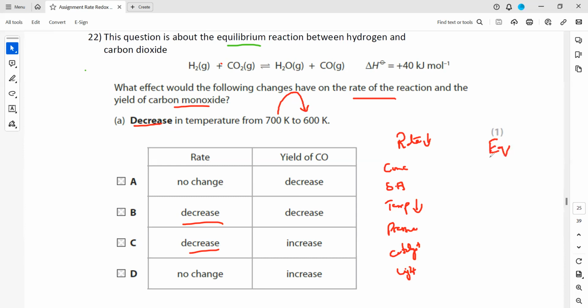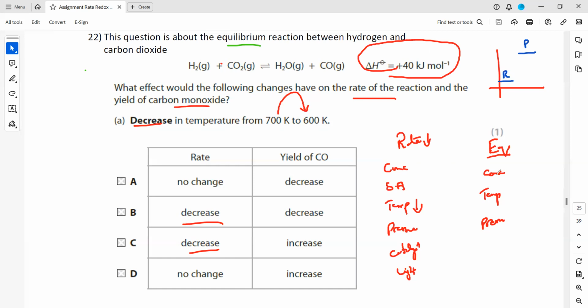The equilibrium, or the balance, can be affected by changing concentration, temperature, or pressure. These are the factors which can shift the equilibrium. Because the enthalpy change is positive, this reaction is endothermic. In an endothermic reaction, the reactants have less energy and the products have higher energy. We are decreasing the temperature, so we reduce the energy.